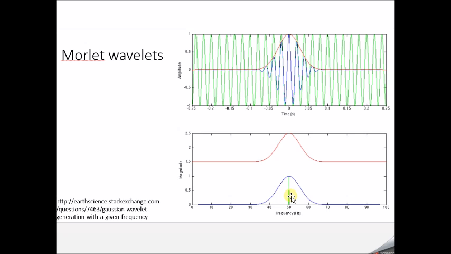So when we convolve this green impulse with a Gaussian, what we end up with is a Gaussian frequency response, a Gaussian frequency profile of the blue wavelet. And the wavelet in the time domain has a Gaussian distribution as a function of frequency.